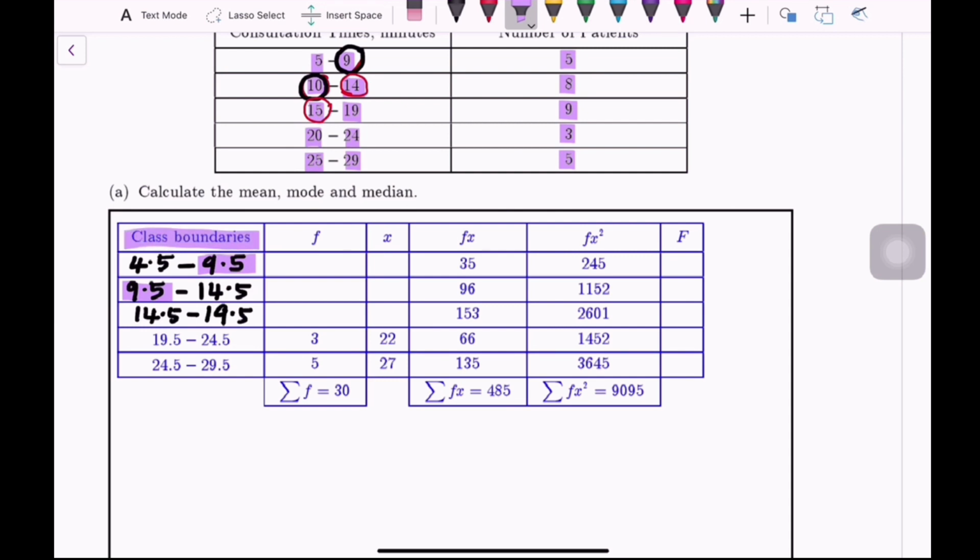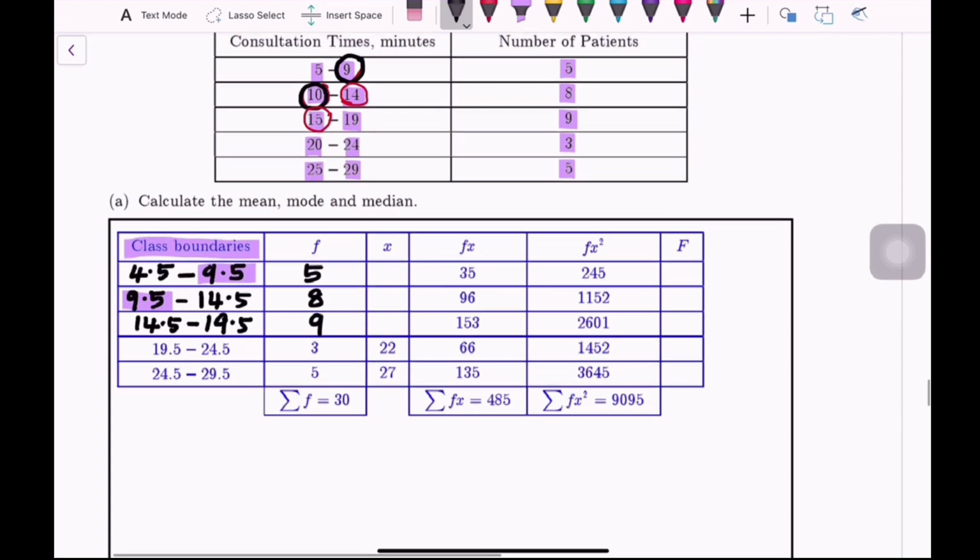Then for frequency, we write as given: 5, 8, 9. Then class mark is determined by the midpoint of class limit.